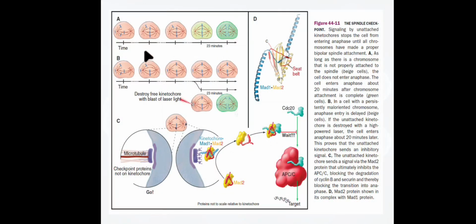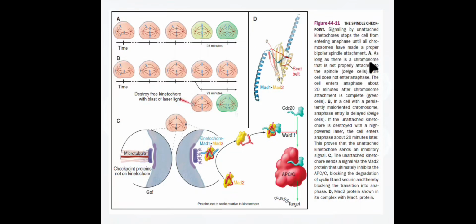In this image you can see the spindle checkpoint process, or the mechanism employed by the spindle checkpoint. Signaling by unattached kinetochores stops the cell from entering anaphase until all chromosomes have made a proper bipolar spindle attachment. This indicates SAC is activated.